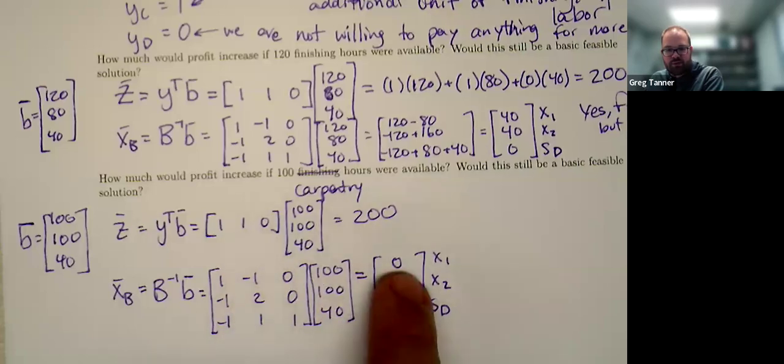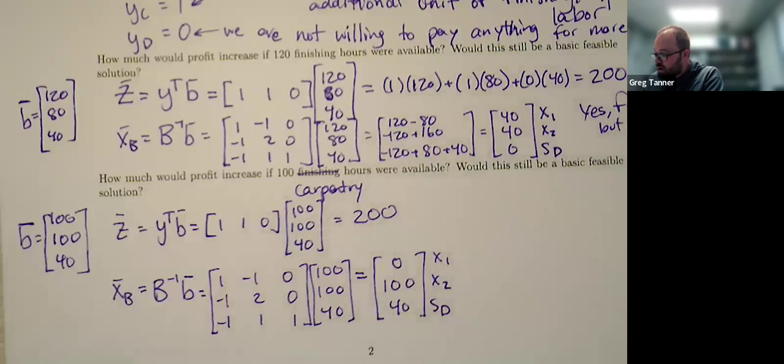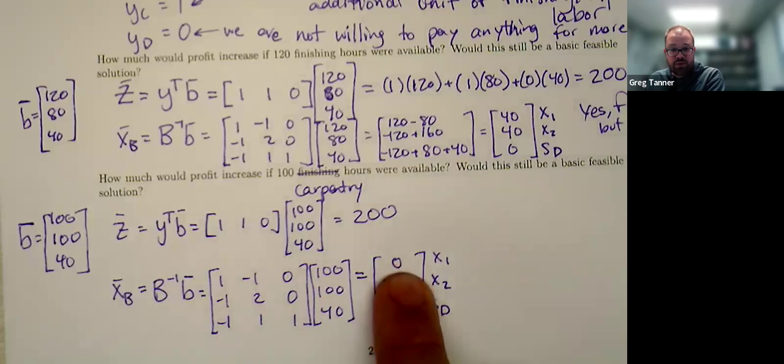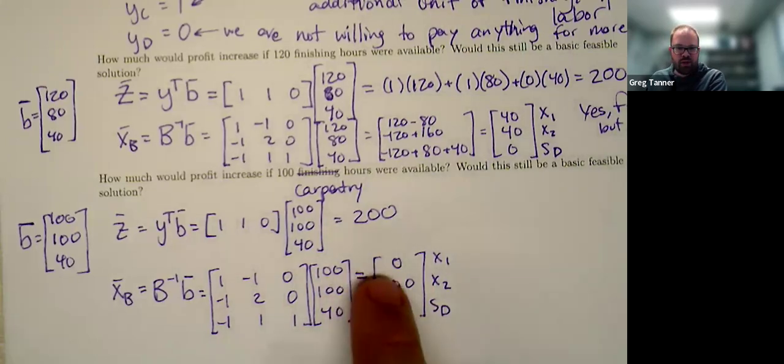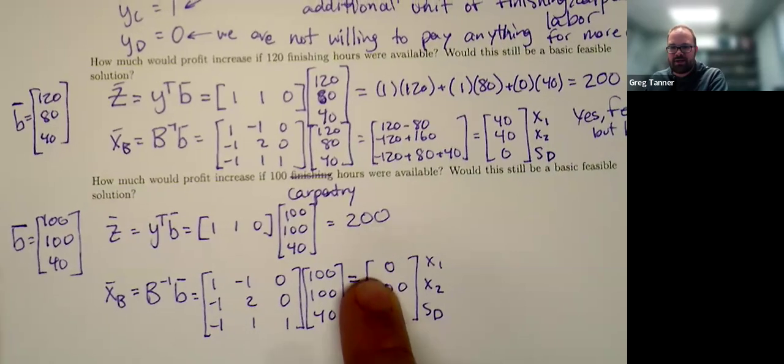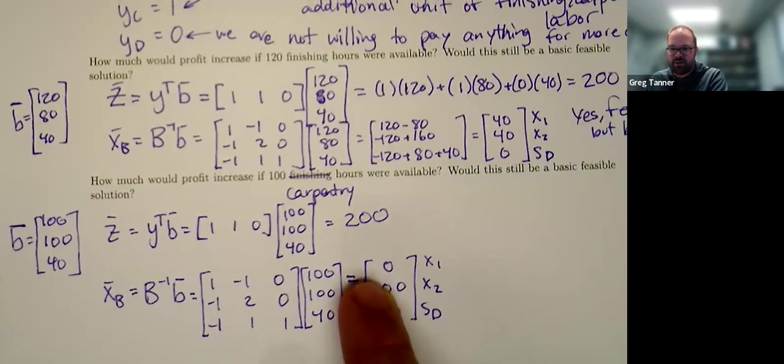In this case, we'll multiply to get 0, 100, 40. And so if we have more carpentry available, we'll actually stop making soldiers. We'll make 100 trains, and we'll have 40 for our slack for demand for soldiers because we're not making any soldiers anymore.